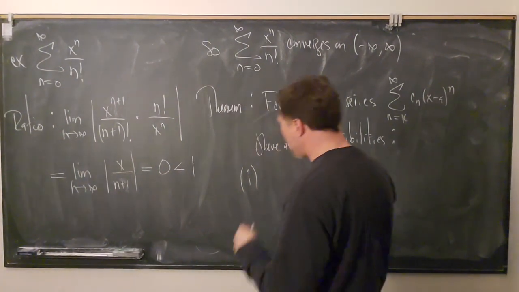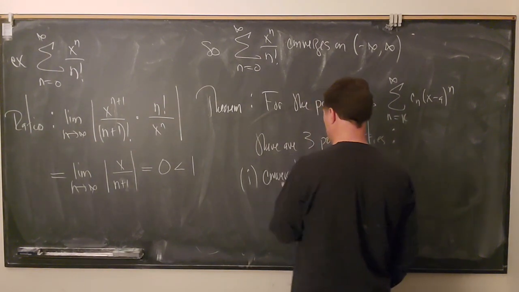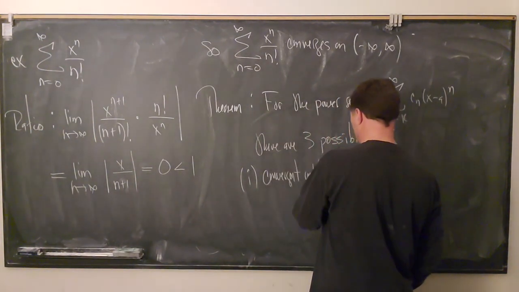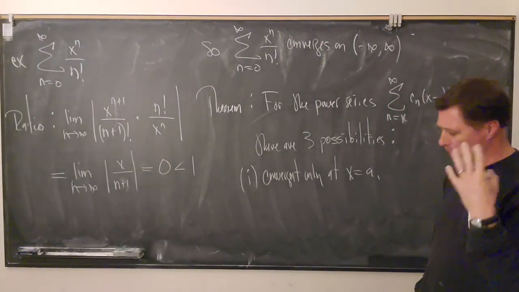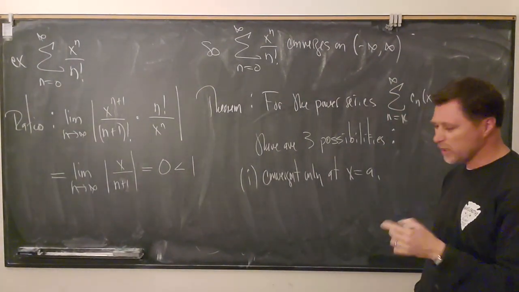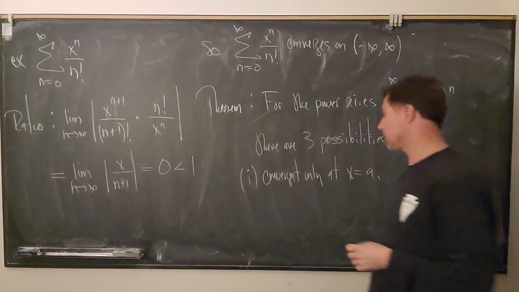First possibility, it's convergent only at x equals a. That's sort of the worst possible situation. It only converges at the center. Other than that, it's divergent, so it's not an interesting power series.